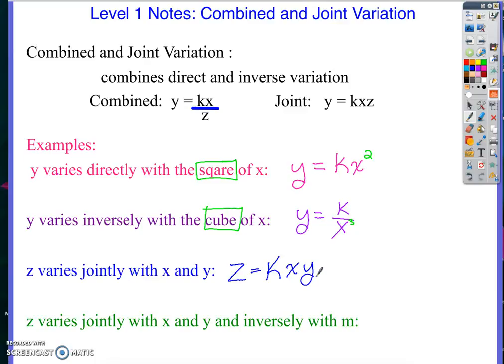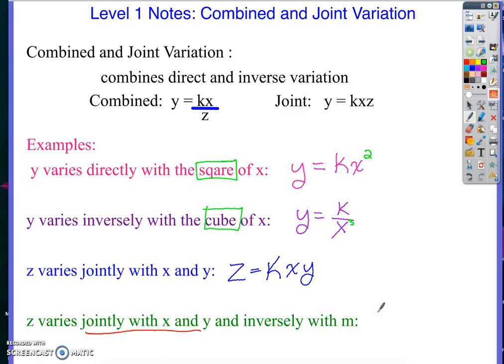The last one says z varies jointly with x and y and inversely with m. So this is a combined variation because we're using both direct and inverse variation. So let's just deal with the first part of it where it says z varies jointly with x and y.